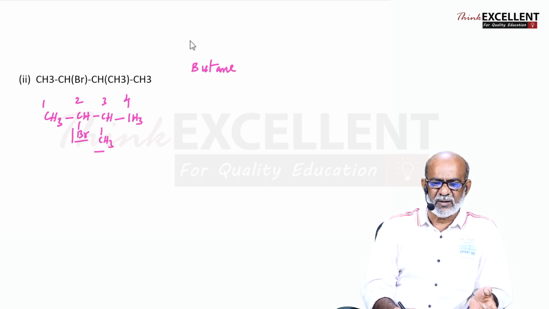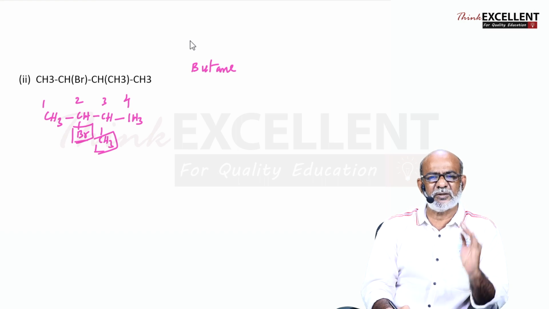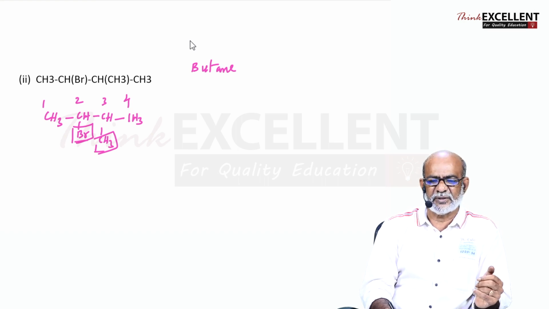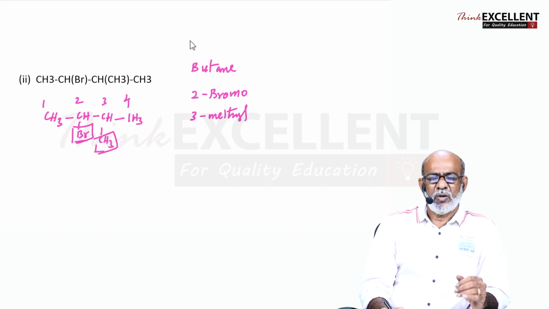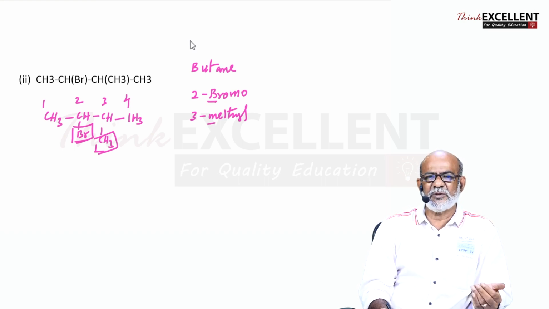Then here the second carbon has bromine and the third carbon has methyl. So there are 2 substituents, that's why 2 prefixes come. The second carbon has bromo, that is one of the prefixes. Next, the third carbon has methyl, so 3-methyl. Now, how to write according to alphabetical order? This is B, this is M. So B comes before M, that's why you write like this: 2-bromo.